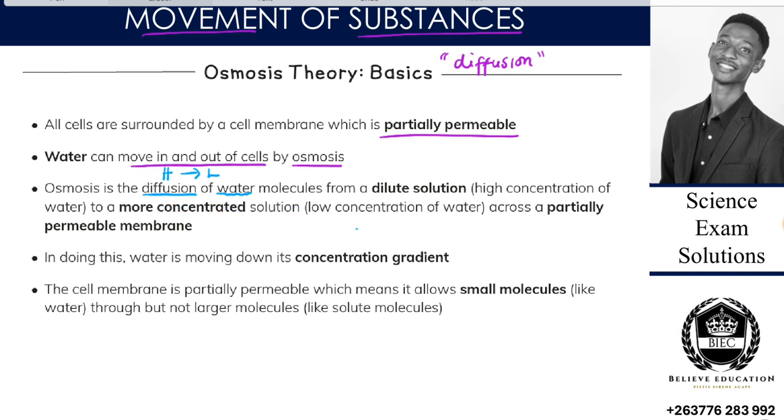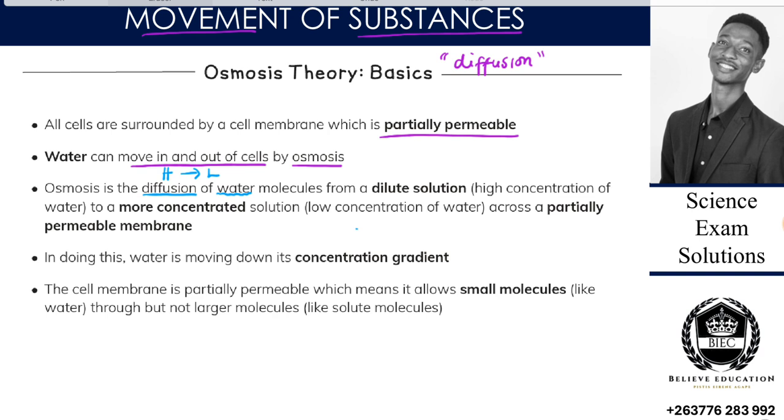The concentrated solution will have less water, like our drink that has not been diluted, which has little water in it. So a drink that is not diluted has a low concentration of water but a high concentration of the solution.